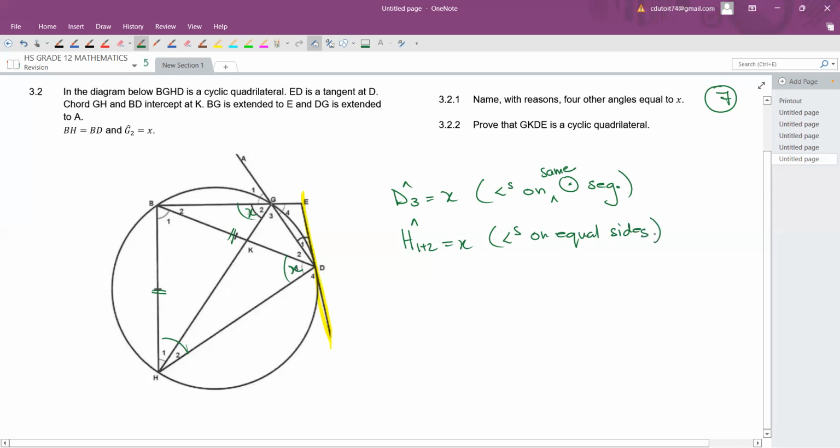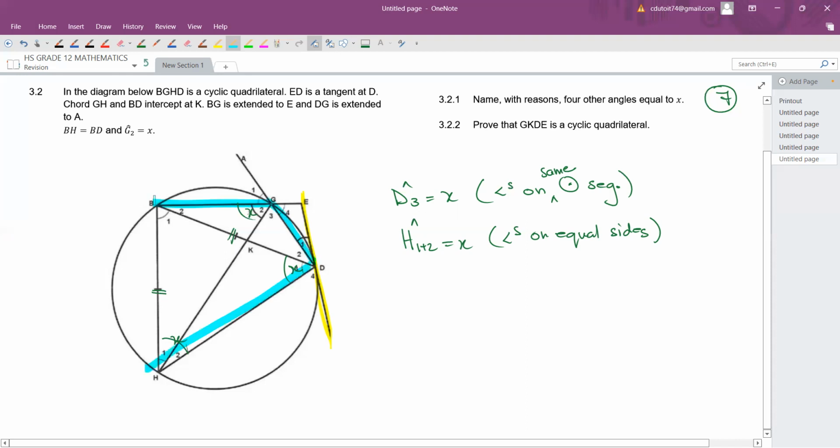Good, next one. So this is X. Look, we have a tangent, we have a quadrilateral or cyclic quad. Look what you can do with a cyclic quad. There's my cyclic quad.